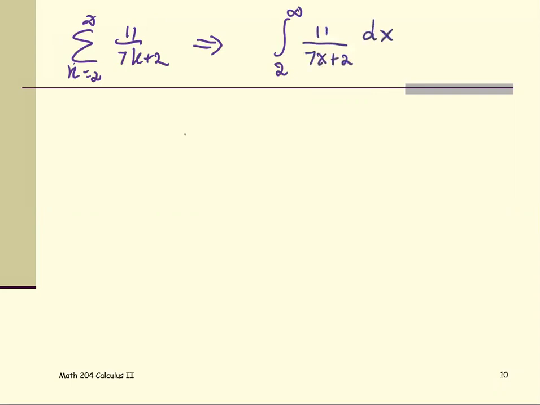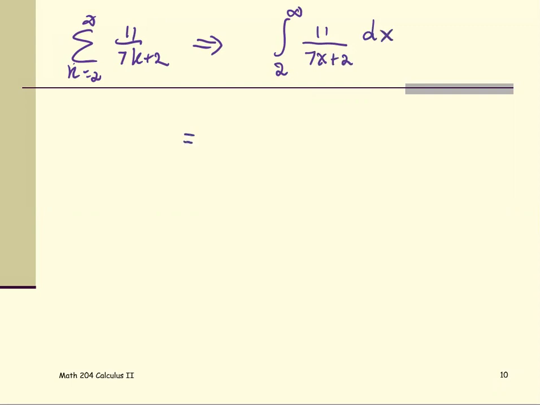From the infinite series, which is 11/(7k+2), k from 2 to infinity, transform into the improper integral, lower limit 2, upper limit infinity, the integrand 11/(7x+2) with respect to x.